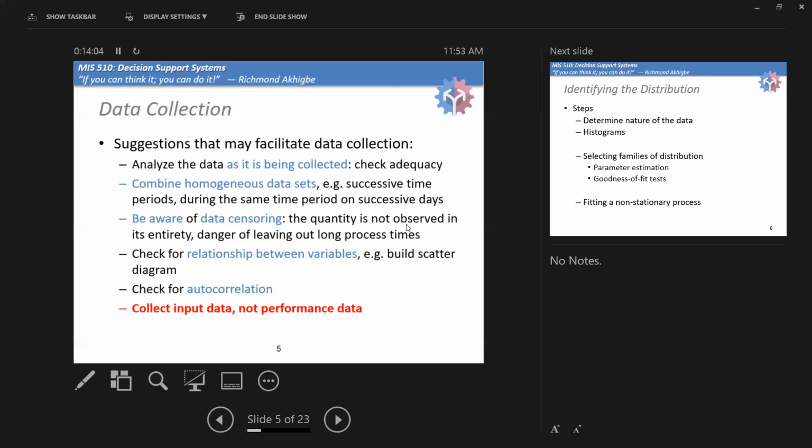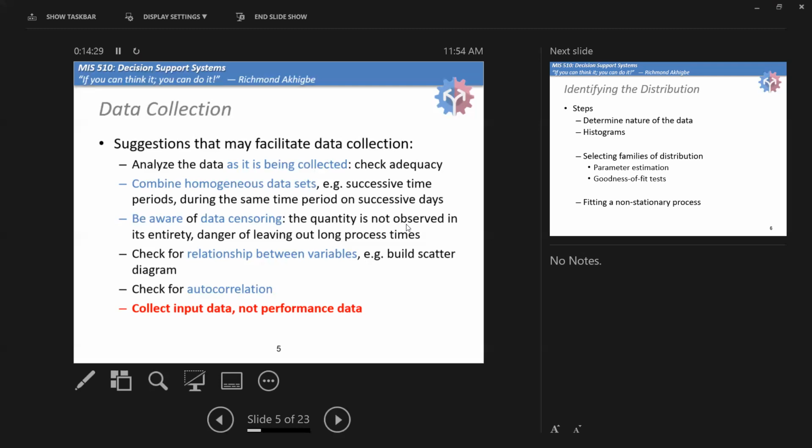What does autocorrelation mean? Something that is affecting itself, like an oil price. There might be an autocorrelation where you can find the correlation between the current price and the previous prices. Correlation, you know the meaning of correlation, right? It represents a positive or negative relation.